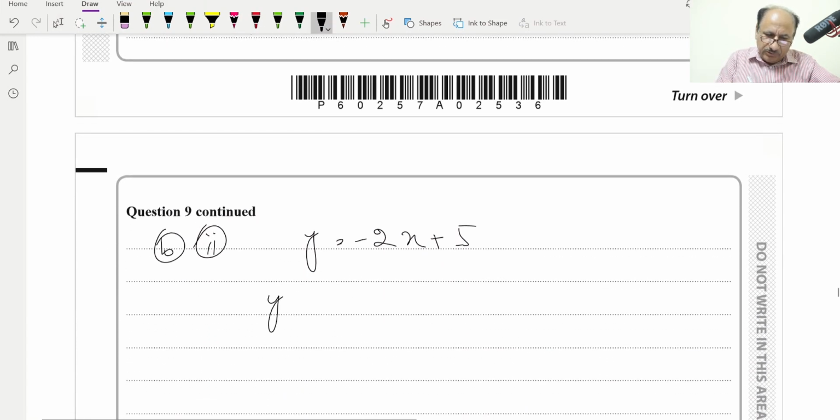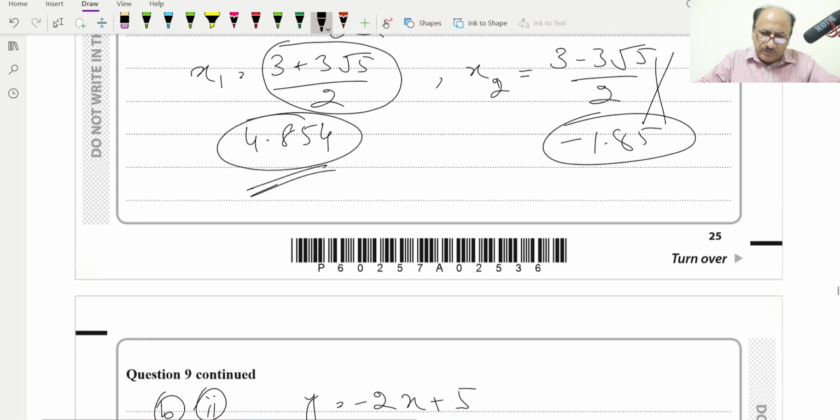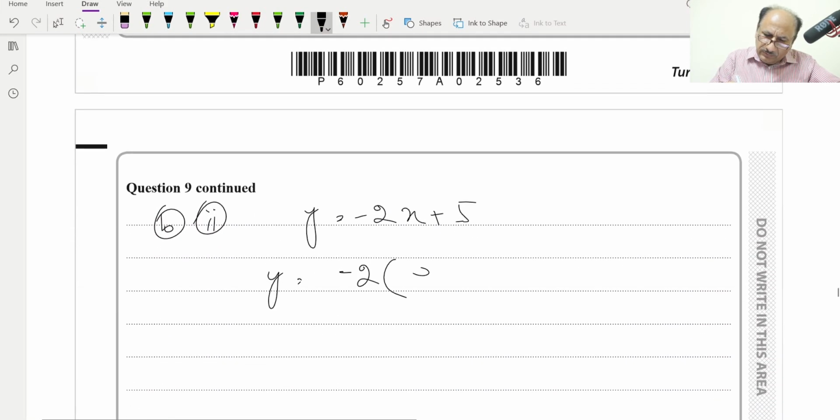So y is equal to minus 2 into the x value, and the x value is 3 plus 3 under root 5 over 2, and plus 5. Now we can simplify this. The 2 will be cancelled, and we can multiply by minus 1.